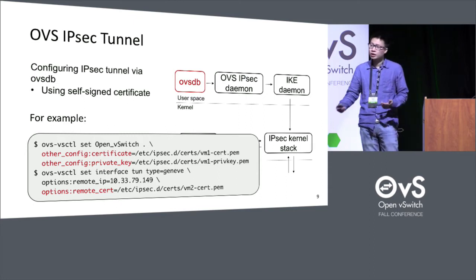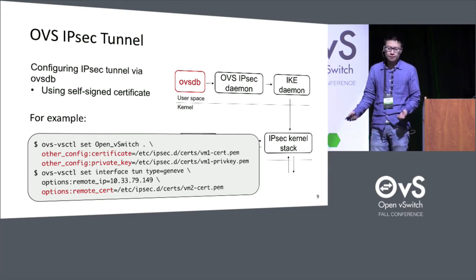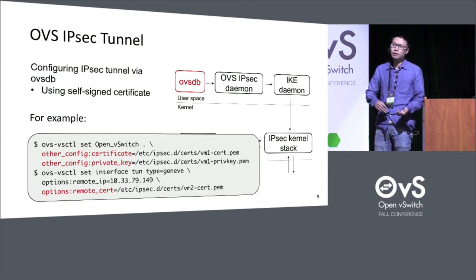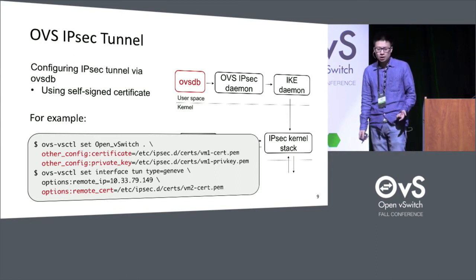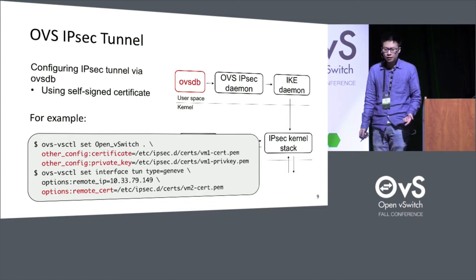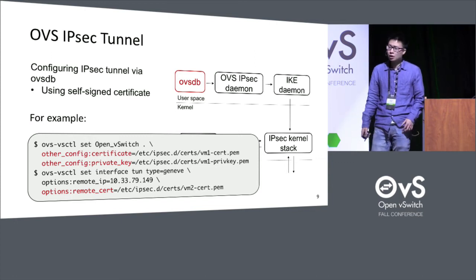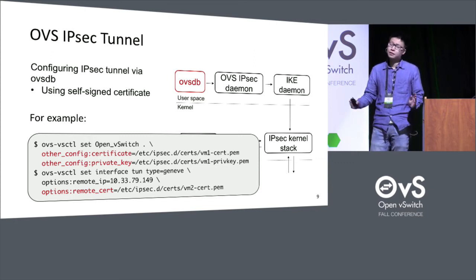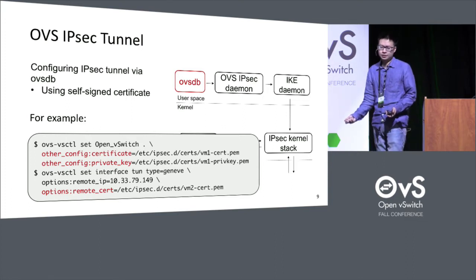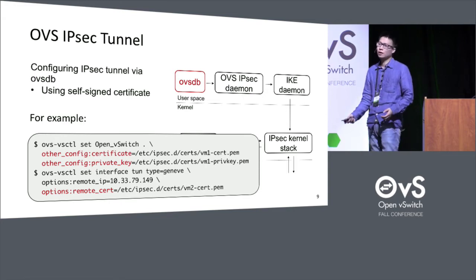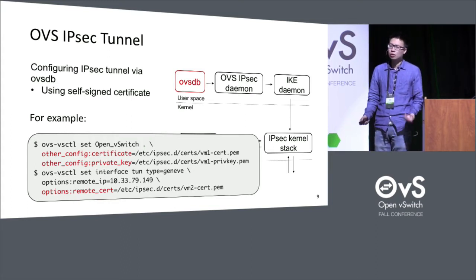And then it also needs to download the certificate of the remote host to the local file system and specify the remote certificate of the remote host. After this configuration, only if the remote host can present the associated private key of that remote certificate will this remote host be trusted by the local host.